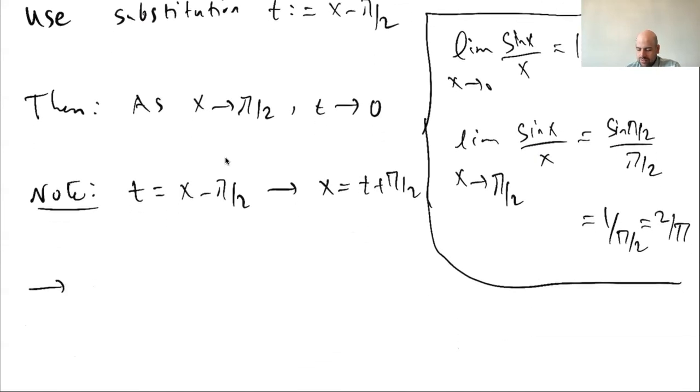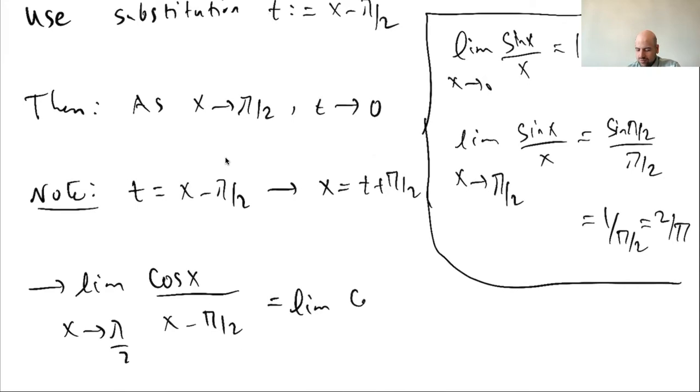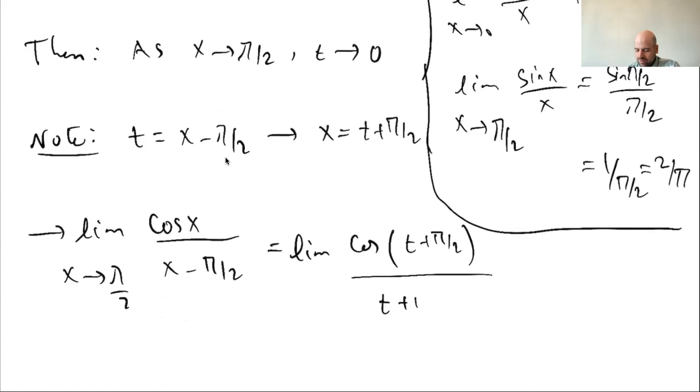So limit cos x over x minus pi half, x approaches pi half, is equal to limit cos of x, which we said is t plus pi half, over x minus pi half. So x is t plus pi half, so t plus pi half minus pi half, and t approaches 0.